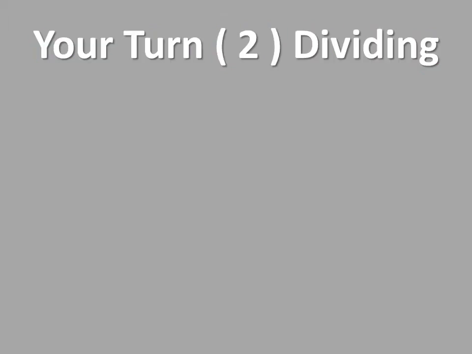Your turn number 2. Okay, what are we going to divide this time? G of x divided by k of x. Let's go back up to the top and find what g of x is and what k of x is. Write your g of x on the top and your k of x on the bottom.